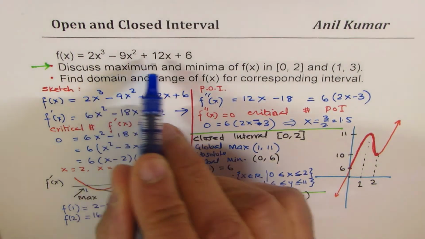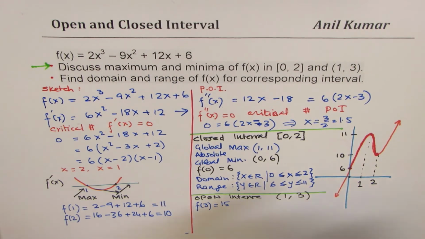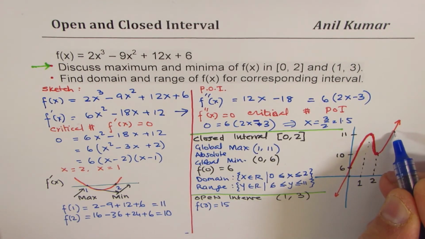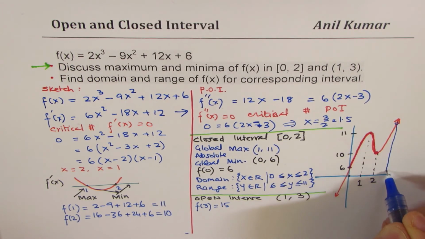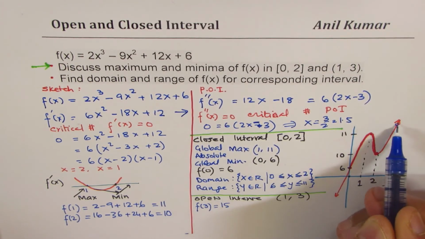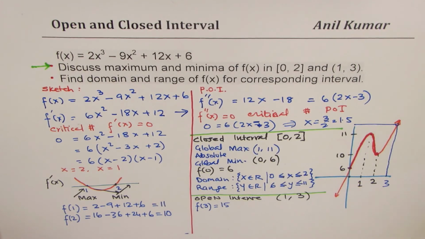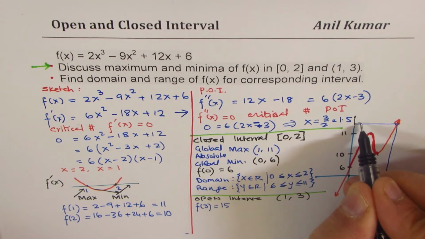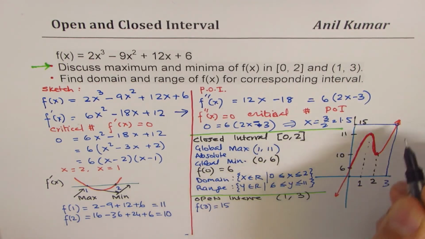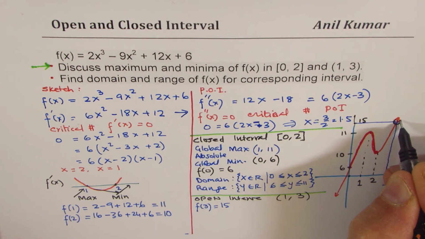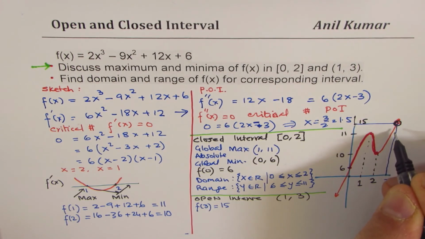Just substitute 3 in your equation, get the value. So what we get here is that somewhere more than 11, let's say this value is at 3, on this side it is 15. Okay, that is what it is. Now since this is open interval, I'm making a circle here. Do you see? Not filled in, a circle here.